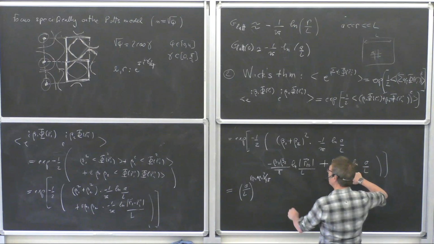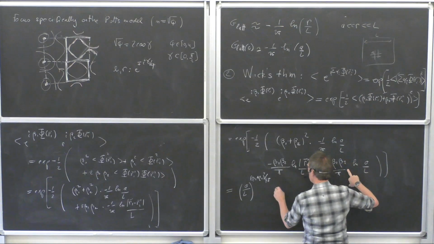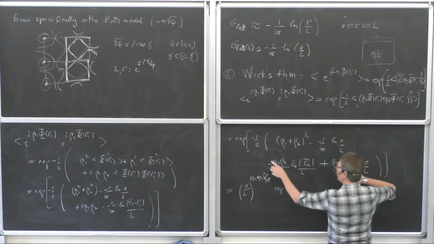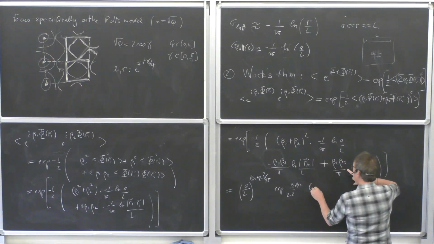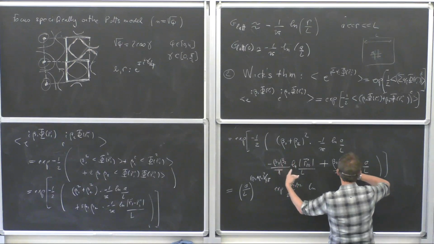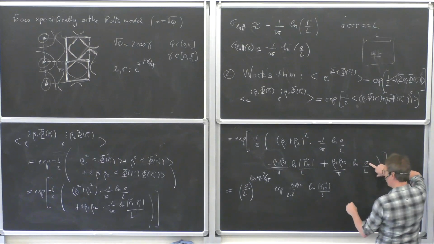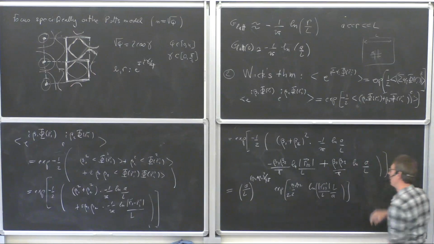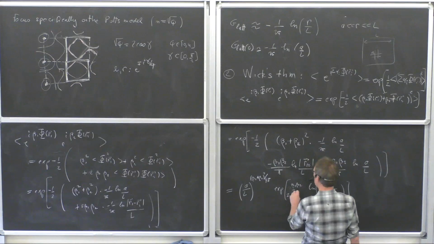I get exponential, let's make sure we don't make a mistake, so let's calculate the intermediate term, minus minus is plus, beta 1 beta 2 over 2 pi, and then I have log of R1 minus R2 over L, but because I factored out minus beta 1 beta 2 over pi, I have log of R1 minus R2 over L minus log of a over L, which is log of L over a. Okay, so this is what I get. So finally, this horror thing was pi.